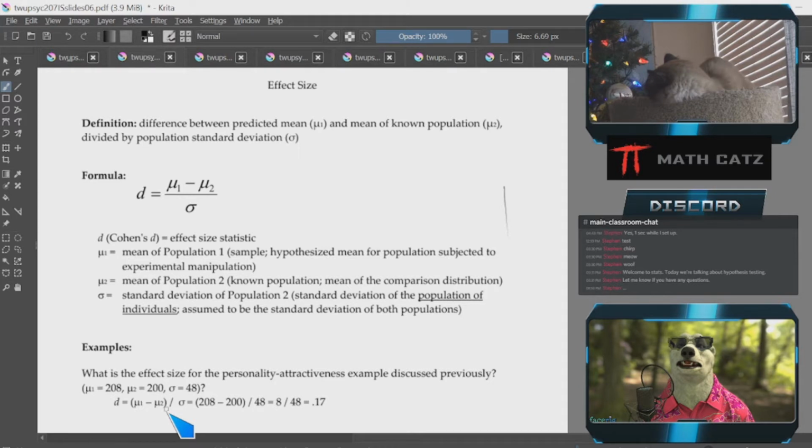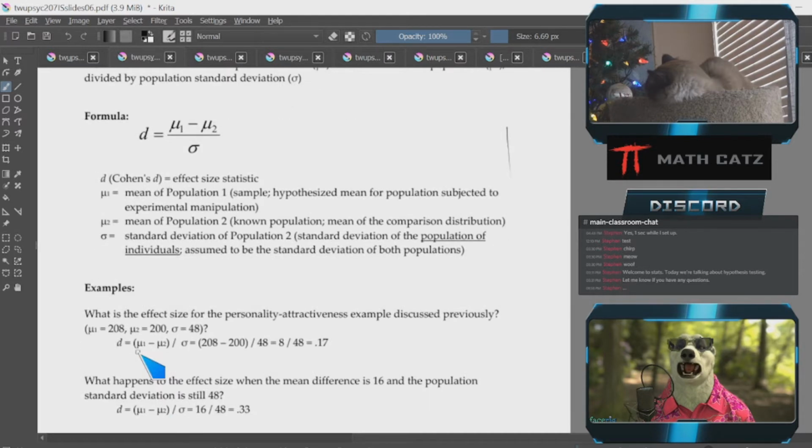If, for example, we do the same thing, but the difference between the population mean and what we measure is 16 instead of the 8 here, then you see the effect size increases because the gap is bigger between those two examples.